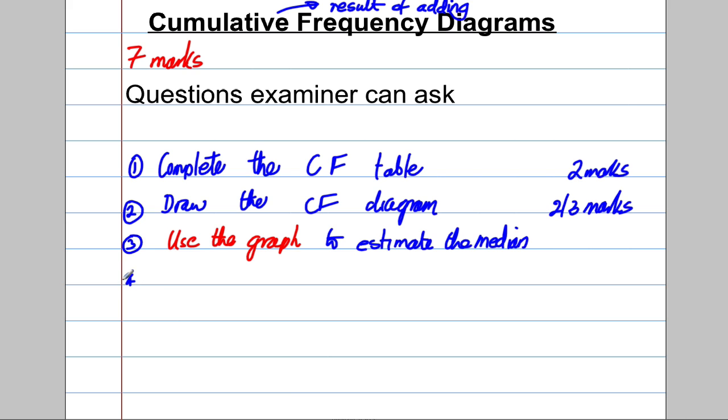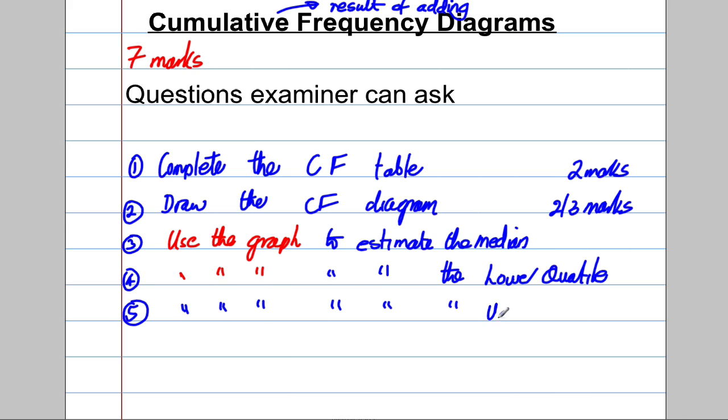And number 4, they can get you to again use the graph to estimate the lower quartile. They can get you to do the exact same thing but to estimate the upper quartile.